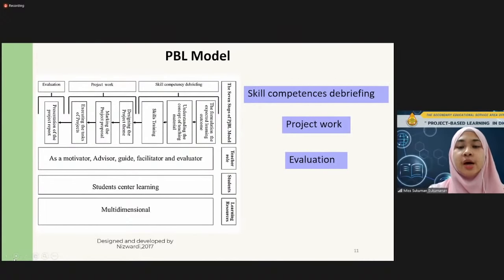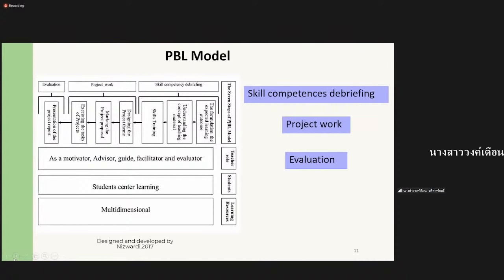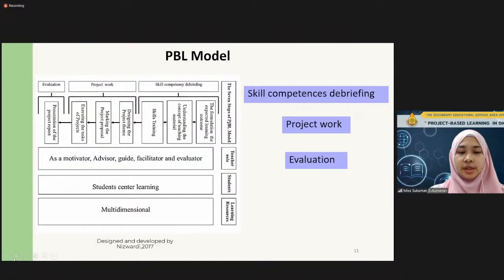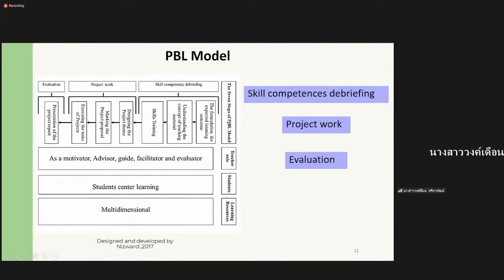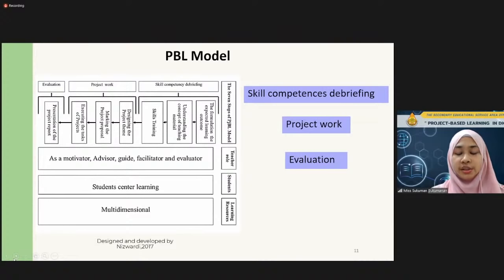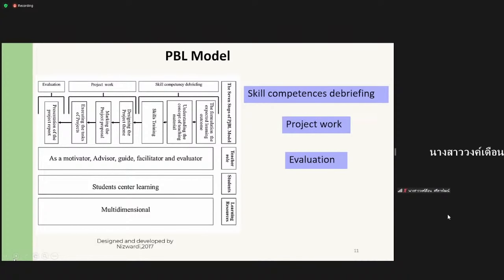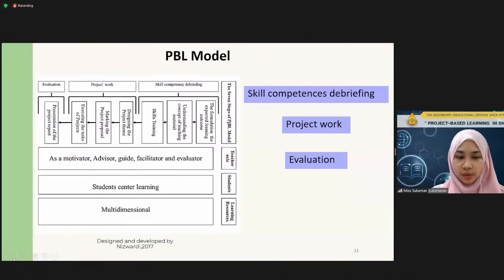So this is the PBL model that I use in the classroom and in the real projects of the students. As you can see here, this model was designed and developed by Niswadi in 2017. The main point of the PBL model is that it wants the teacher to be a facilitator and evaluator, not a presenter, focused on student-centered learning.